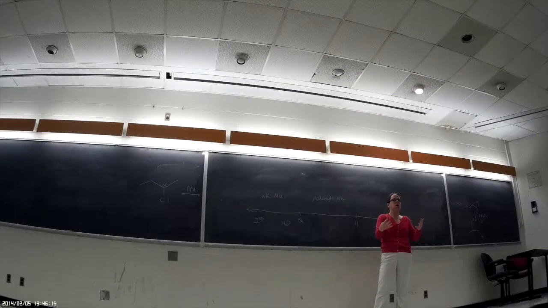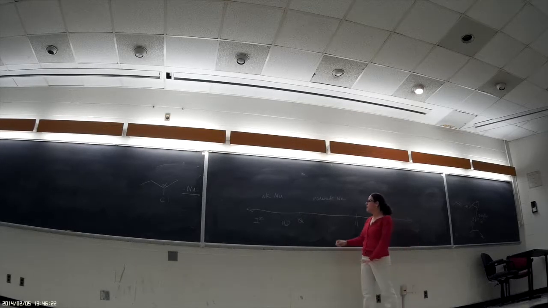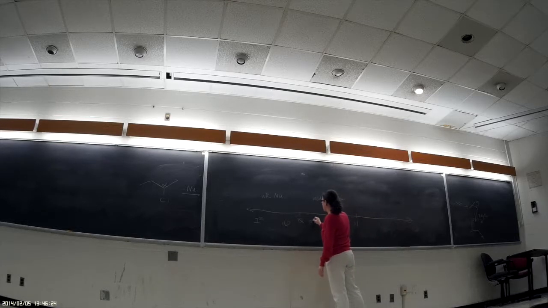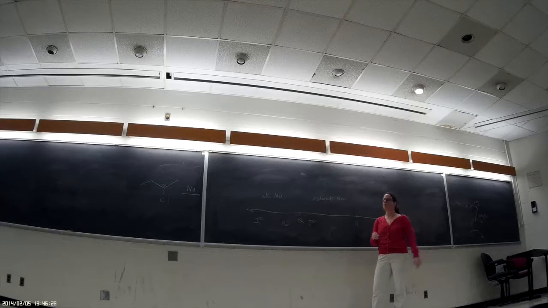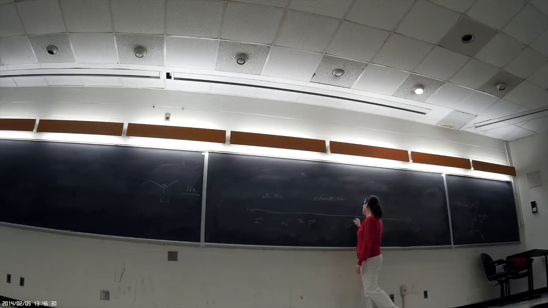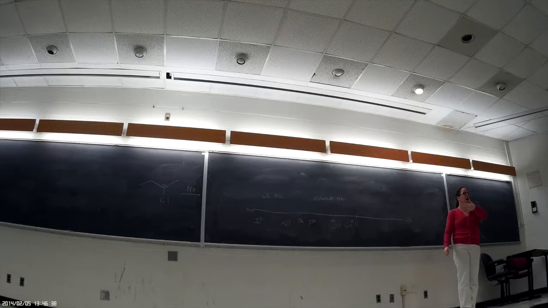It's going to look for long-term stability, not just short-term stability, is one way to think about it. Things that belong in here are things like F minus, derived from HF, pKa 3.2, CN minus, derived from HCN, pKa 9, SH minus, derived from H2S, pKa 7. So there's a bunch of what I would consider moderate nucleophiles.